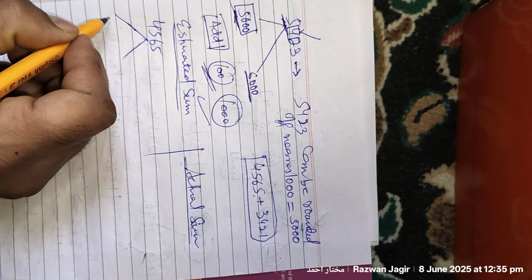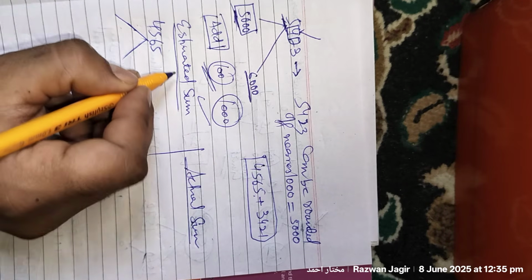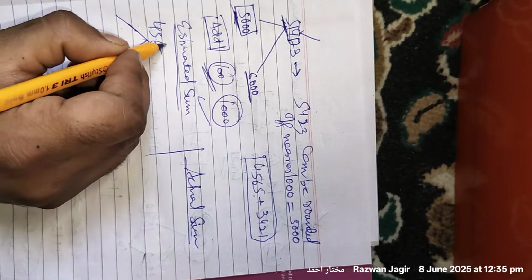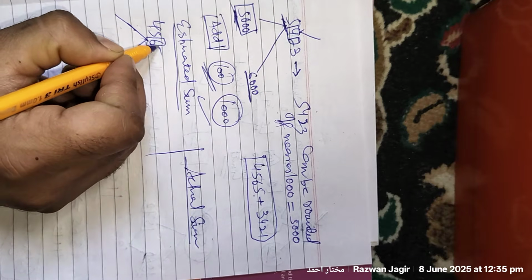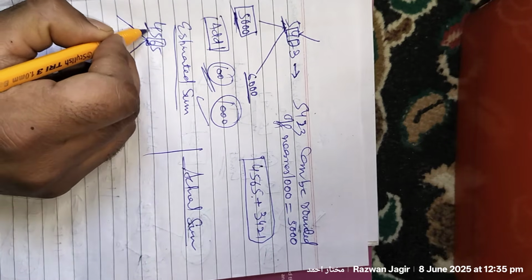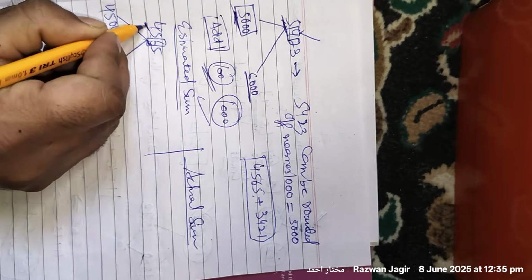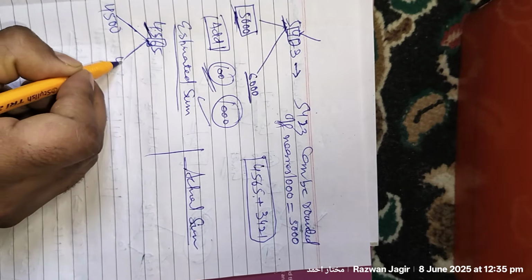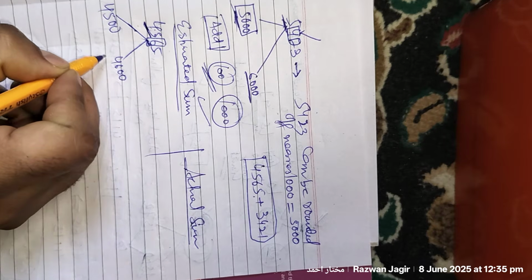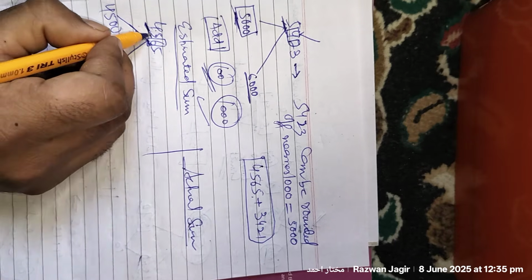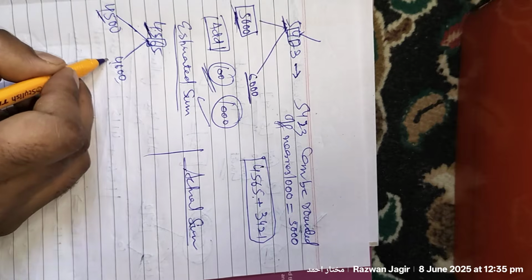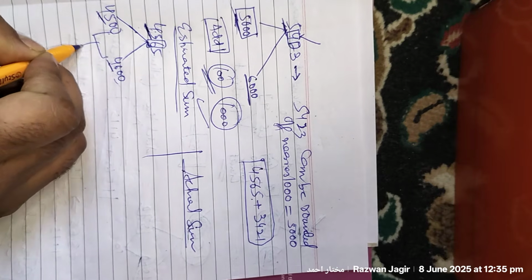When we are talking about the nearest 100, we check the digit at the tens place. Here it is 6, and this is 4565. So either it becomes 4500, because here is 45, or it becomes 4600, because this is 46. The gap should be 100.